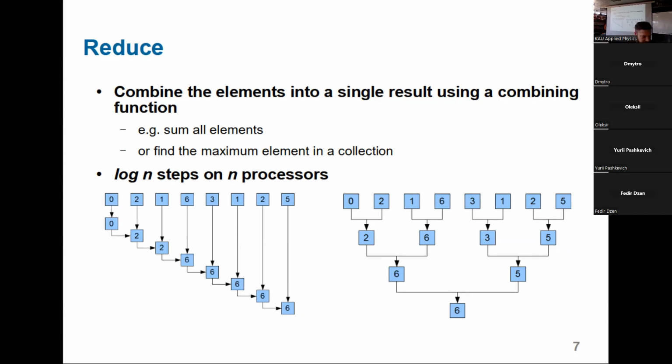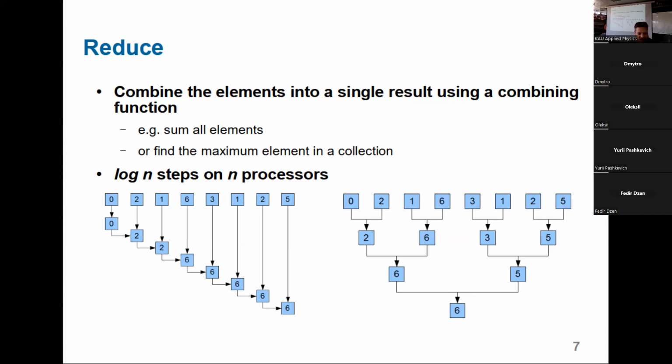So this combining function is typically a binary function, using two operands. In that sense, map is applying a single operand function on the whole array. And this can be parallelized, of course, but in a little bit of a clever way.